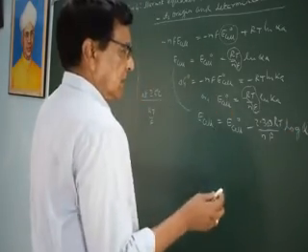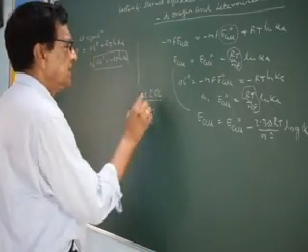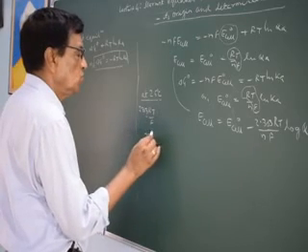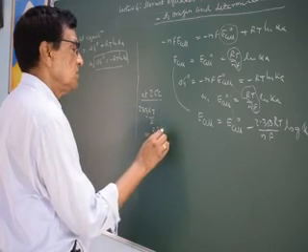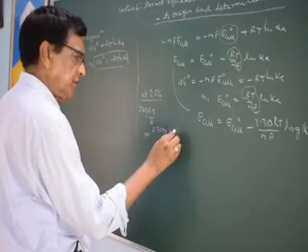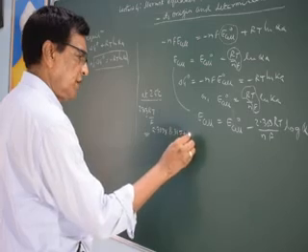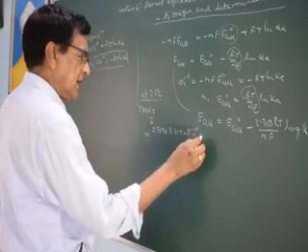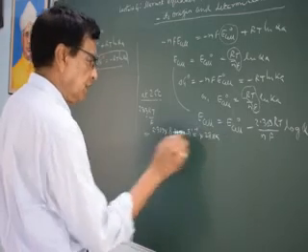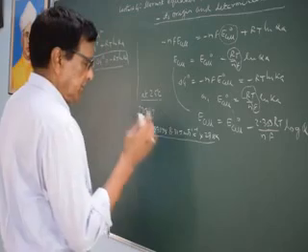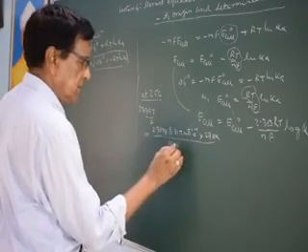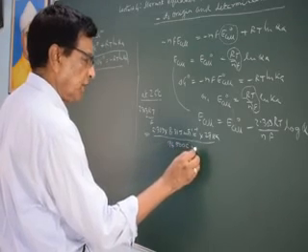At 25 degrees centigrade, 2.303 RT by F equals 2.303 into the value of R, 8.31 joule mole inverse Kelvin inverse, and 25 degrees centigrade means temperature 298 Kelvin, divided by the Faraday, 96,500 coulomb per mole.